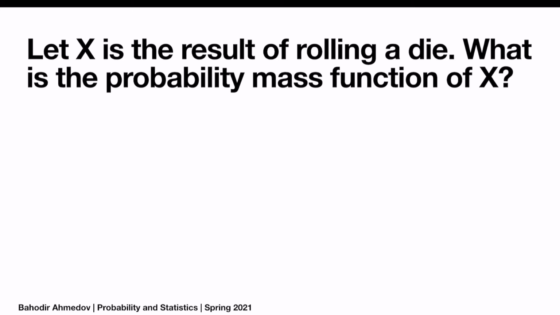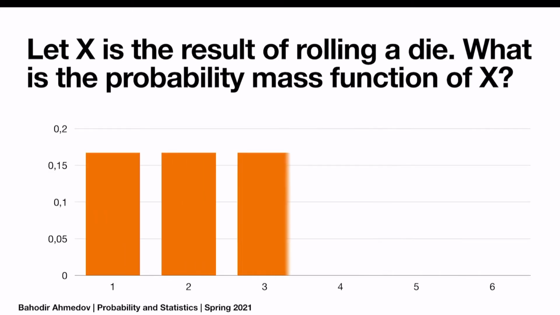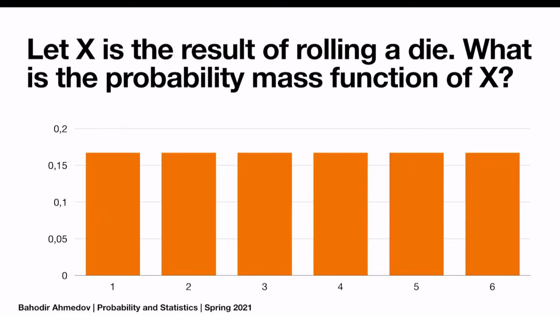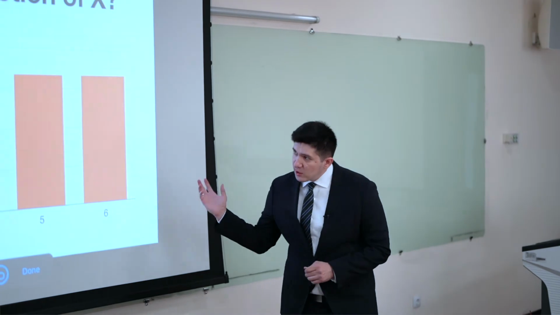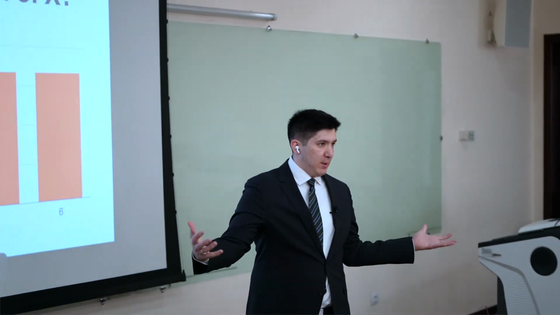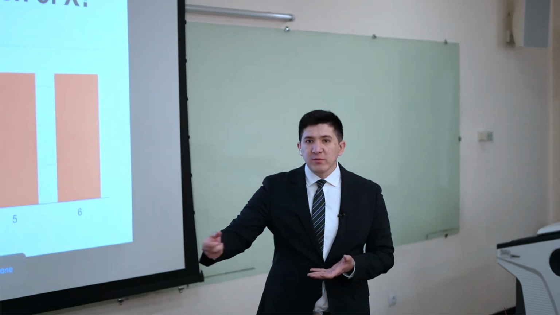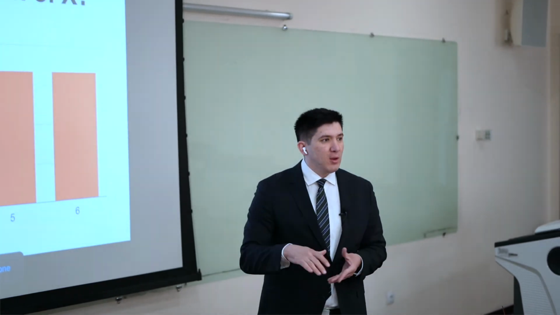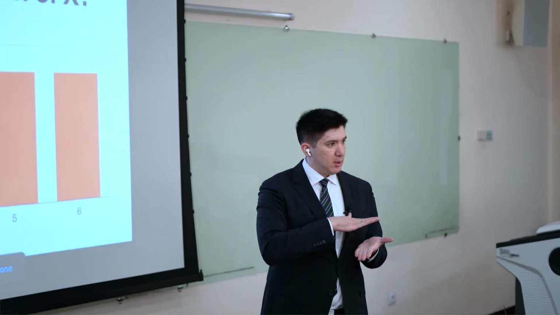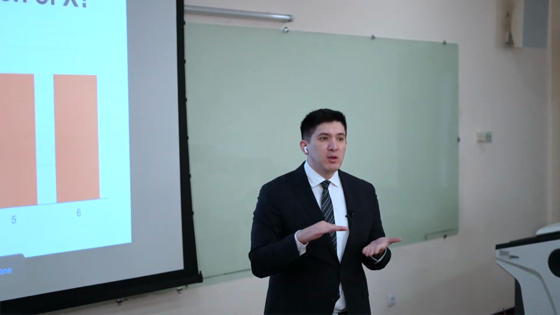So the probability mass function for this random variable is going to look like this. For all of the outputs of x, it is always going to be 1 over 6. Since the total amount of probability is 100%, it is distributed through all of the outputs of your random variable equally. This is what the uniform distribution means.